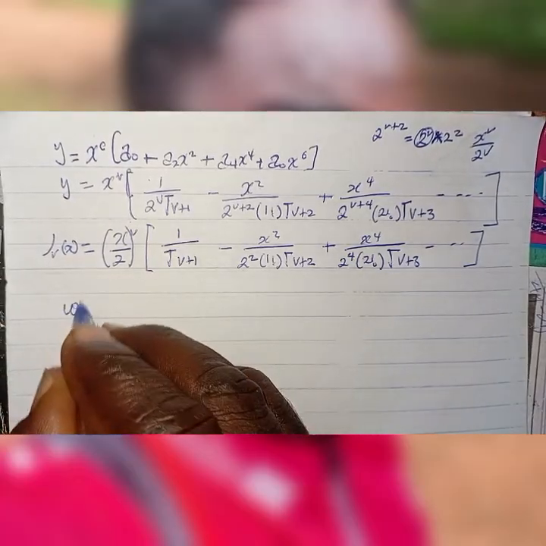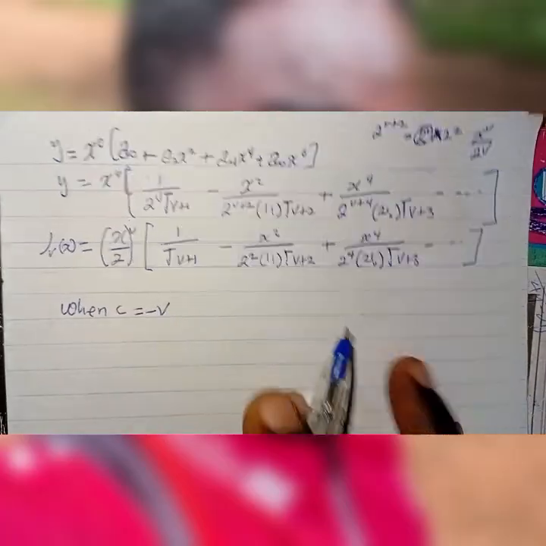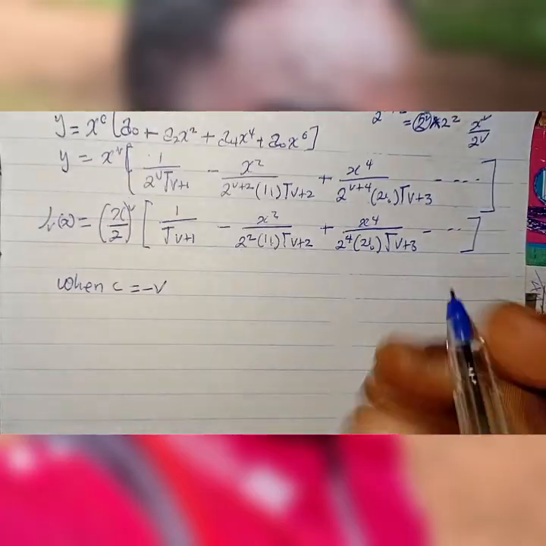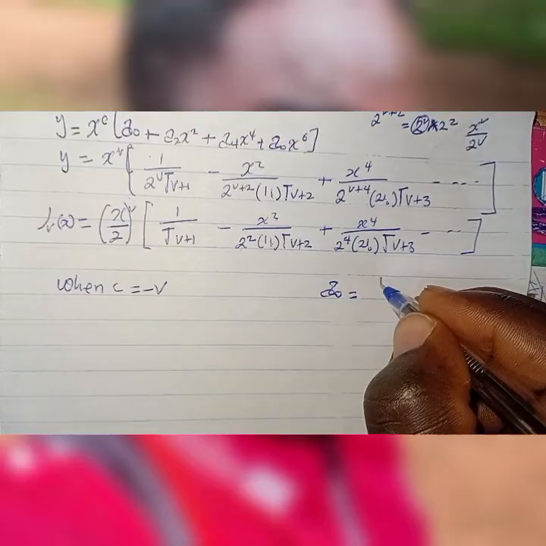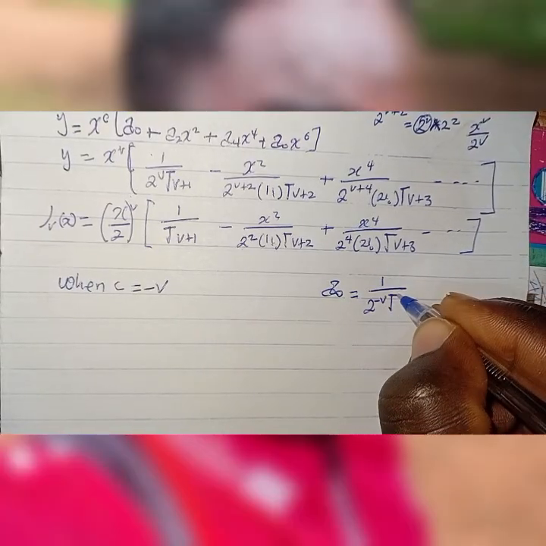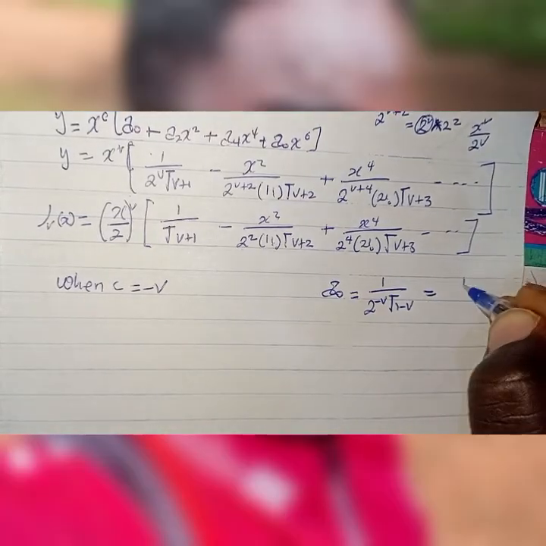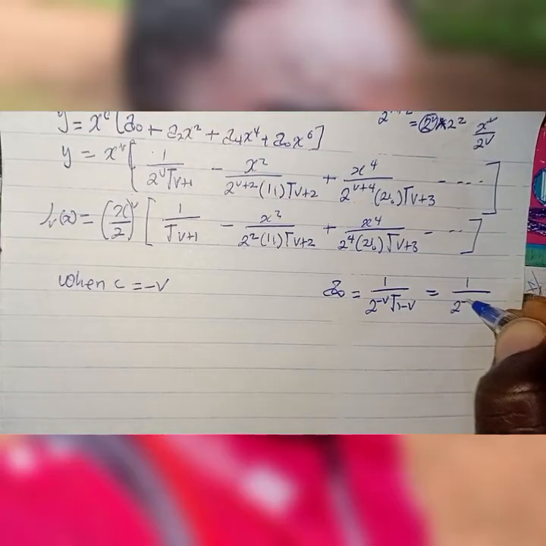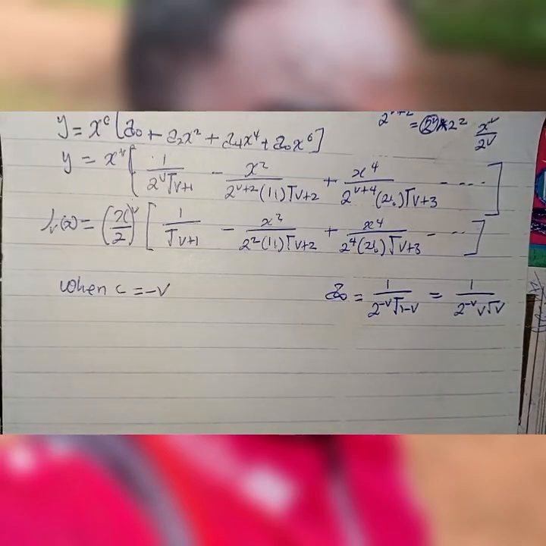Now, the next one is when c equals minus v. When c equals minus v, the a naught here is going to be 1 over 2 raised to minus v gamma 1 minus v, which we can also write as 2 raised to minus v gamma v. We can write it like that.